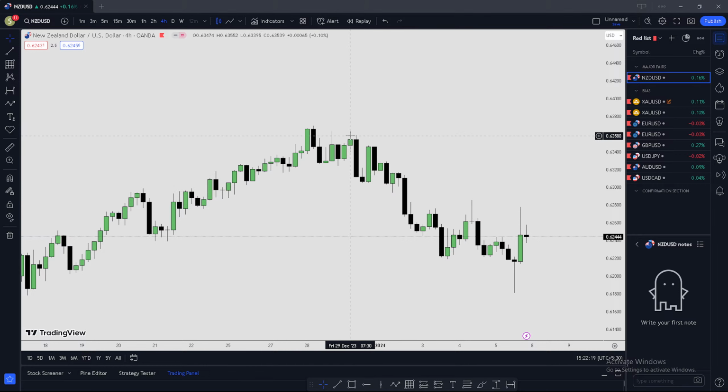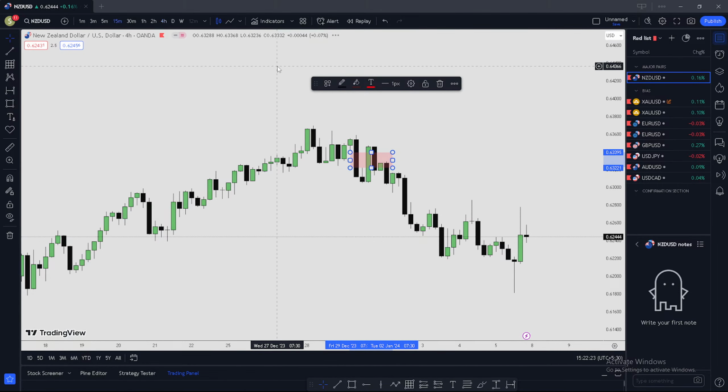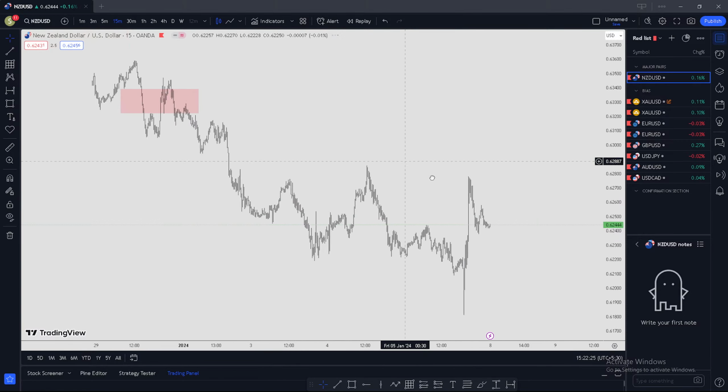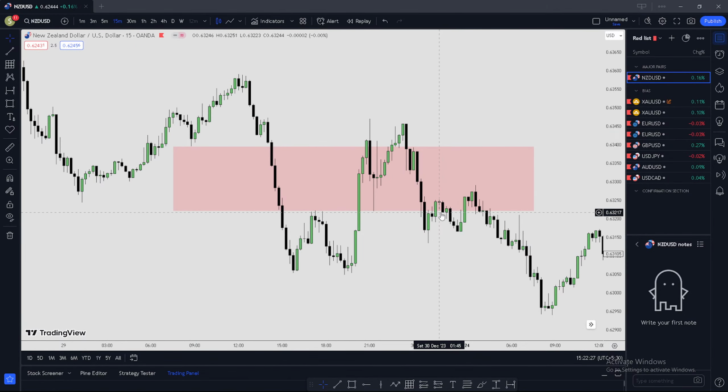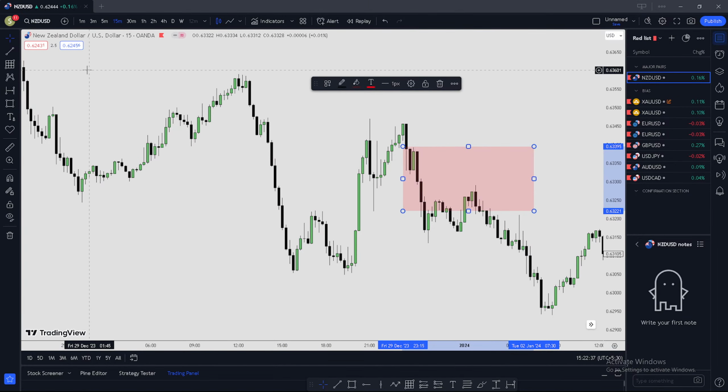With this reversal happening, we should have looked for some sort of short positions. With this confirmation to the low side, we should have started to look for some entry patterns now.